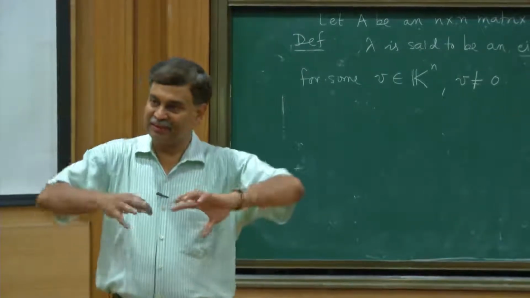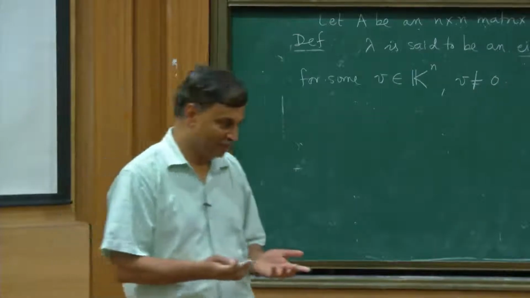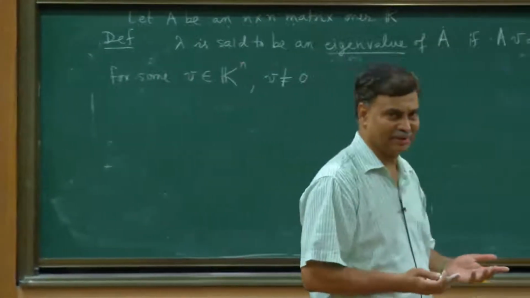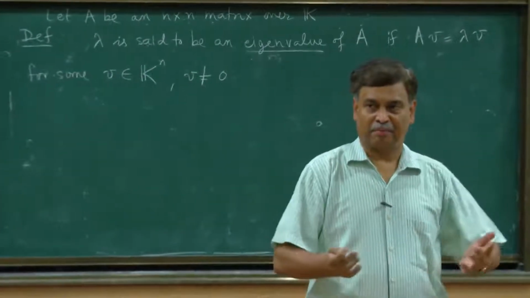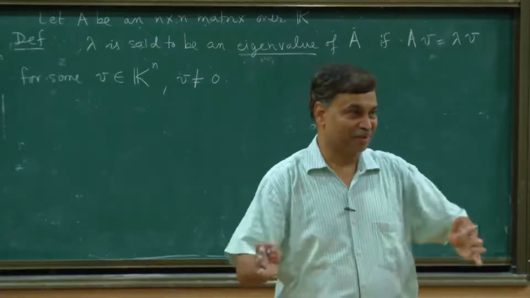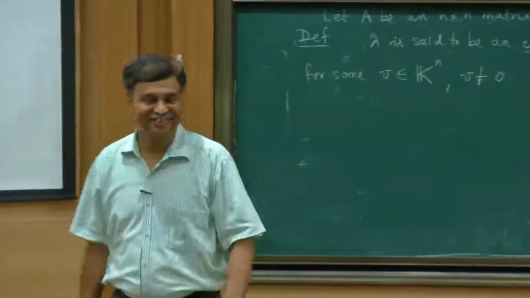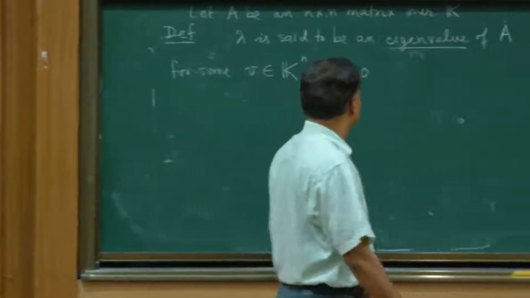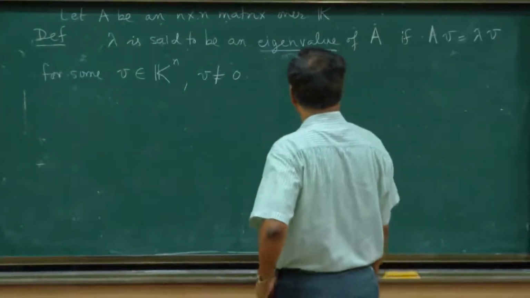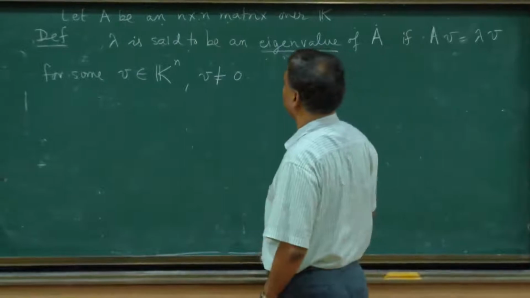Eigenvalue is kind of a bastardized word, since eigen is German and value is English, and you combine the two. But characteristic value is English. I don't think the French use eigenvalue.